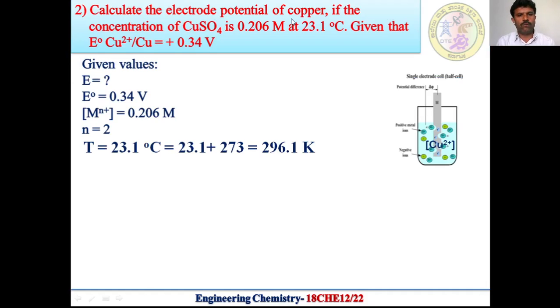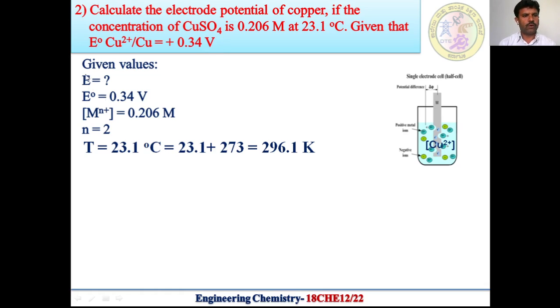Calculate the electrode potential of copper if the concentration of copper sulfate is 0.206 molar at 23.1 degrees Celsius given that E0 of copper 2 plus bar copper is equal to plus 0.34 volt. Let's list the given values.